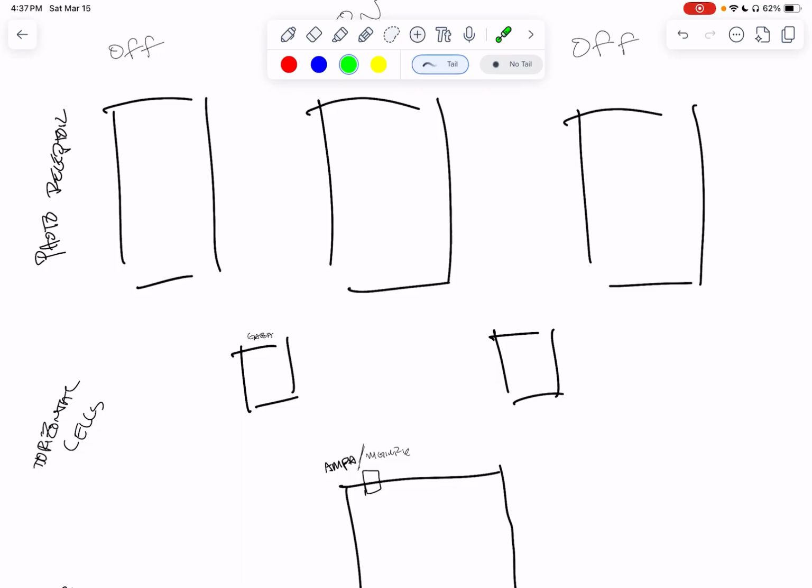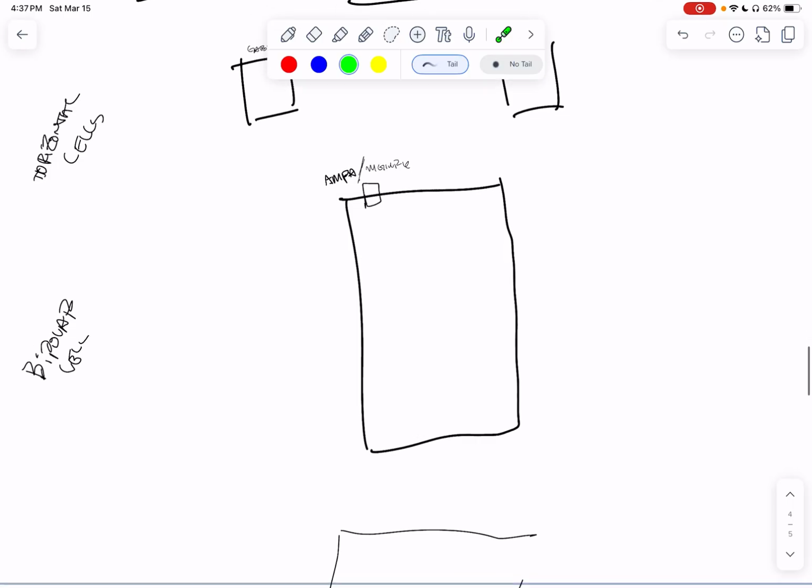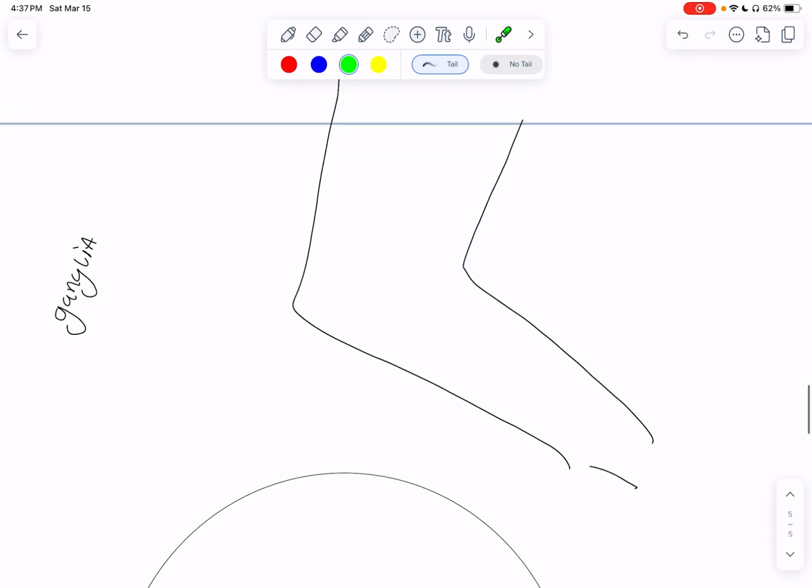So, below these horizontal cells, or excuse me, above, closer to the lens, you have bipolar cells. Depending on the cell, they will either have the mGluR6 receptors on them or AMPA receptors. And then down here's the ganglia.